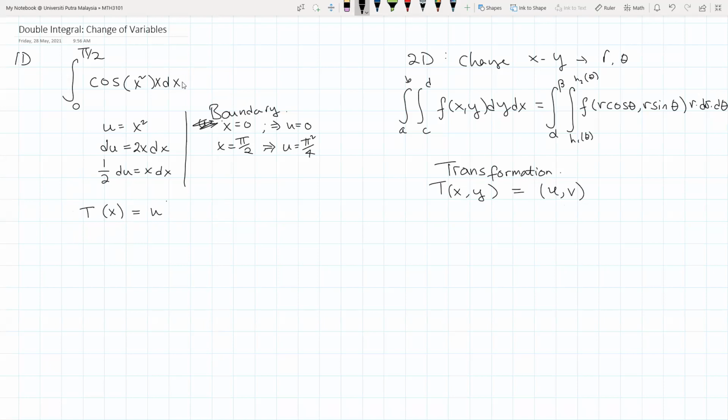So in general, for 1-dimensional, I say x equals some function of u.